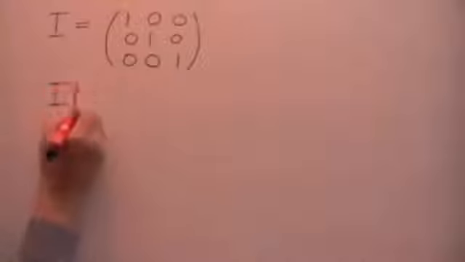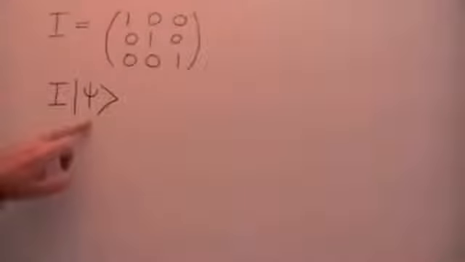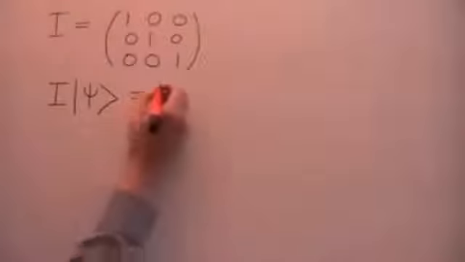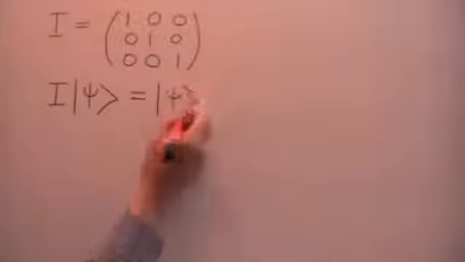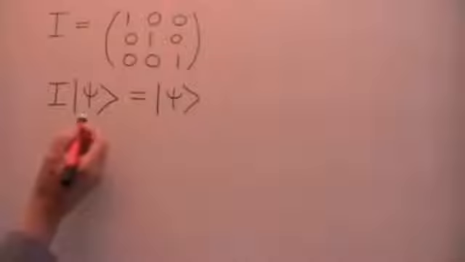If you act with the identity operator on an eigenvector, or a state, or a wave function, you will simply get back the same wave function. The identity operator I is the numerical equivalent of 1. If you multiply any number by 1, you get the number back. If you multiply a state by the identity operator, you get the same state back.